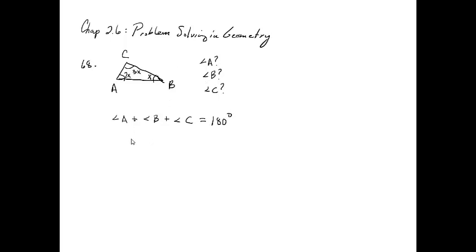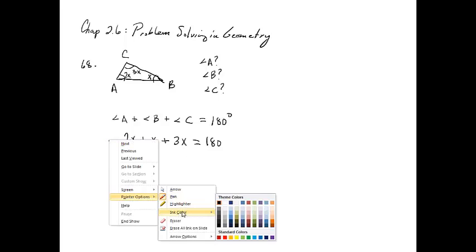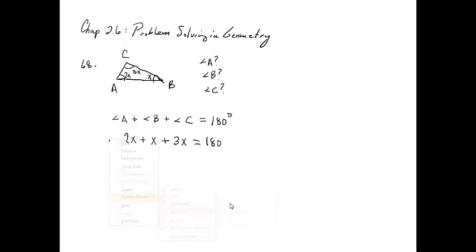Well, what is angle A? It's 2x plus x plus 3x equals 180. Now I can solve for x, right? I have some like terms on the left side, so let's put those together. 2x plus x plus 3x is going to be how many x's? 6x.